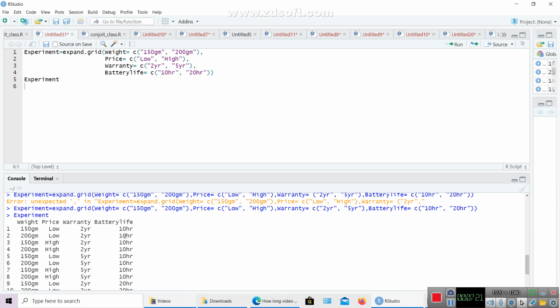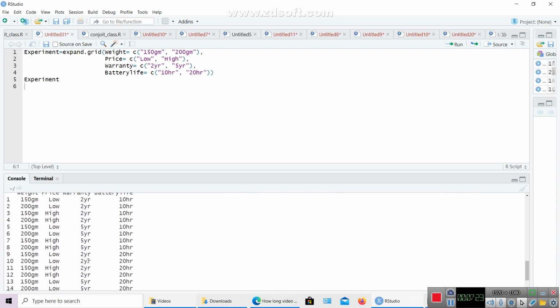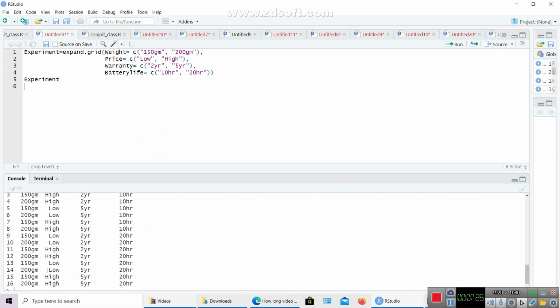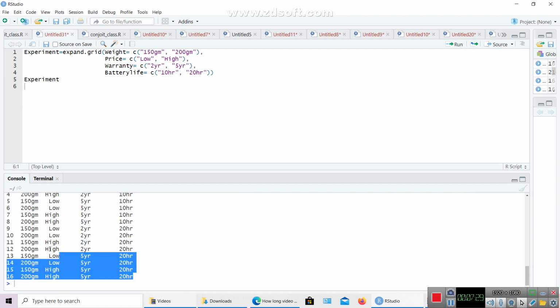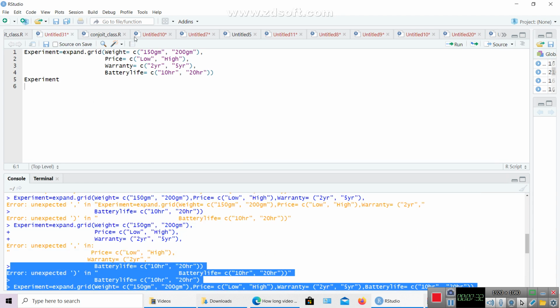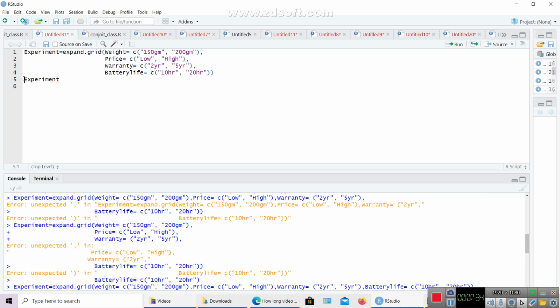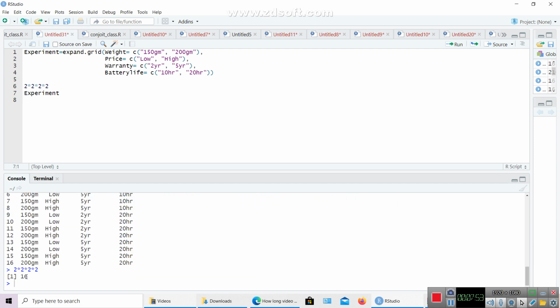So this experiment or this grid tells me that there are 16 possible combinations of all the product attributes and their levels. Now how do I come up with the number 16? You see there are 4 attributes and each attribute has 2 levels, so 2 into 2 into 2 into 2. Okay, 4 attributes, 2 levels. So if I run this, it will give me 16. So the possible combinations for my experiment is 16.